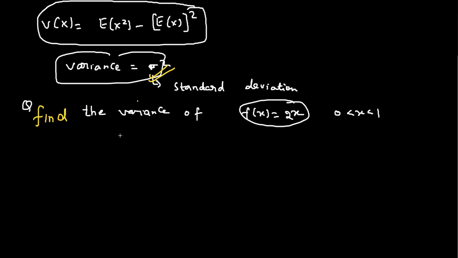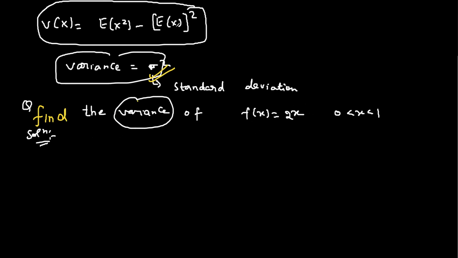This is a continuous function, right? For finding variance, first we have to find Ex. You know how to find Ex? Ex is x into fx, right?